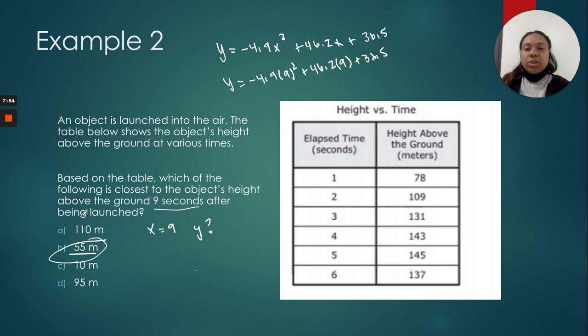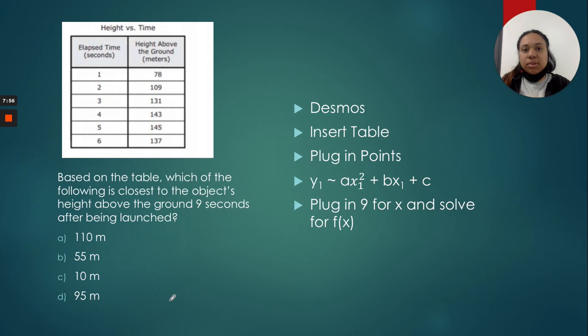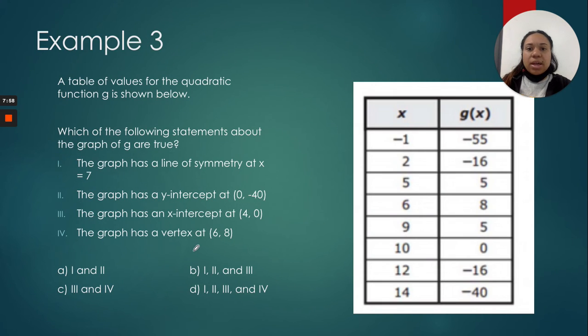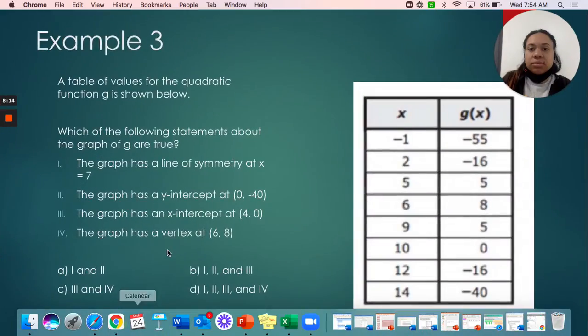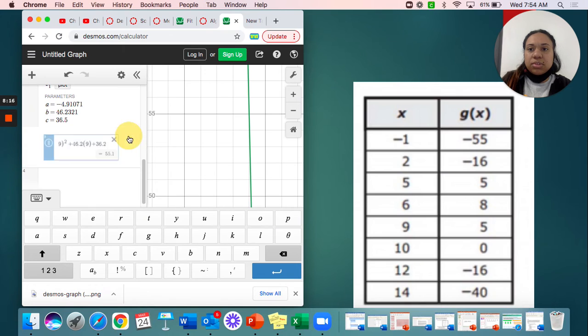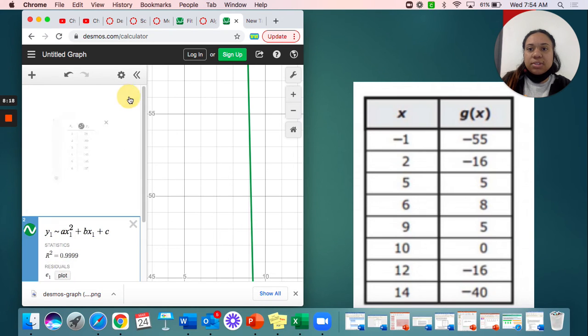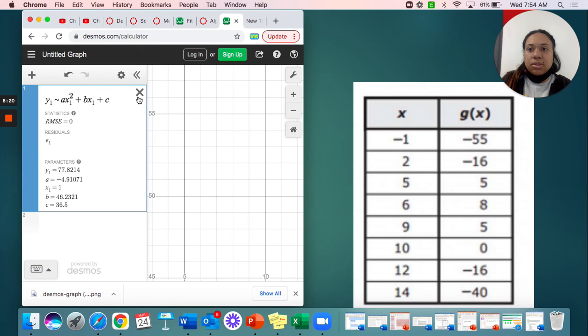Okay, so it's important you know what it's asking for. All right. Last example. A table of values for the quadratic function g is shown below. Which of the following statements about the graph of g are true? Well, I don't know. I need to go figure out what the graph of g looks like. So again, I'm going to plug this into my Desmos. So exit this, exit, exit.